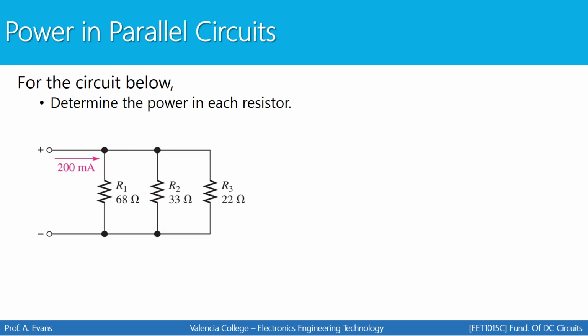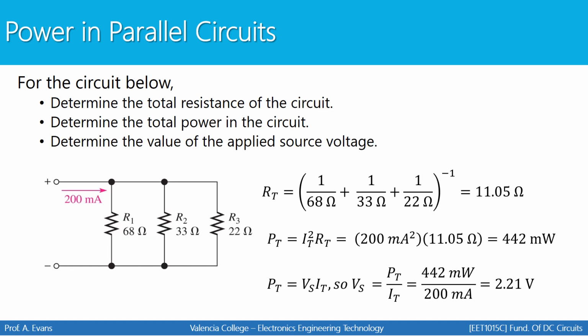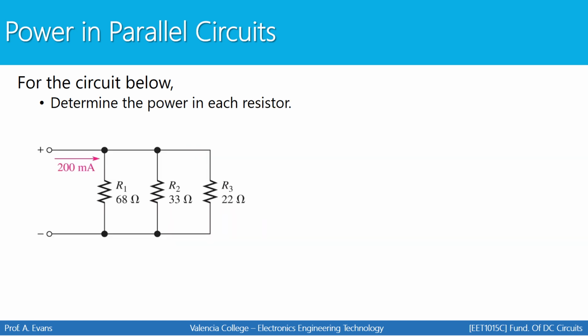Lastly, we're going to determine the power in each of these resistors. All of these resistors are in parallel. They're all in parallel with the voltage source, and we just discussed that the voltage source has a value of 2.21 volts. That means each one of these resistors also has a voltage of 2.21 volts.